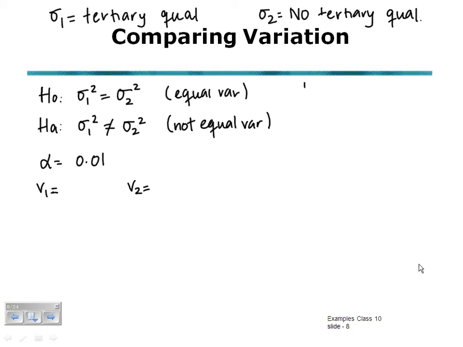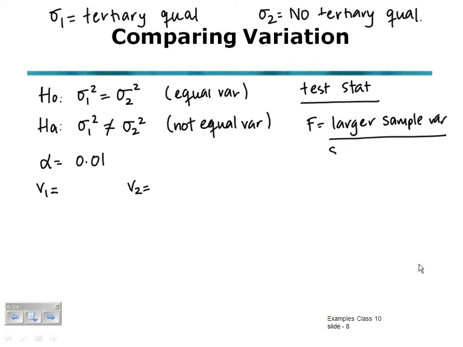The F-test statistic is the larger sample variance divided by the smaller sample variance. We use this formula because it allows us to just consider the right-hand end of the F distribution.